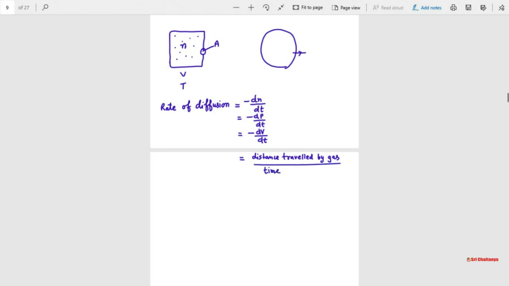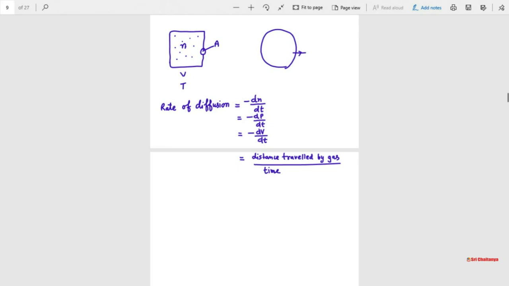Distance per unit time means speed. So the rate of diffusion can be represented in these four forms, right? Now we discuss the factors on which this rate of diffusion is going to depend.